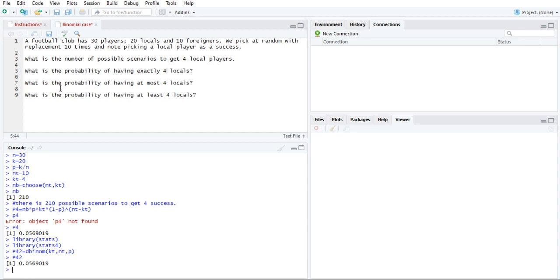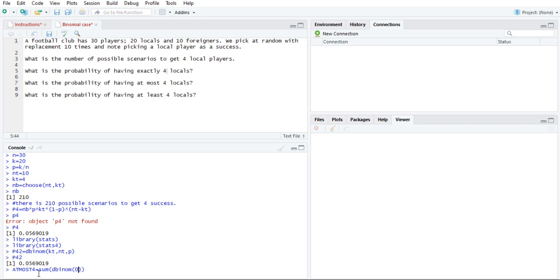So to calculate the probability of having at most 4 locals and at least 4 locals, we use, we call it atmost4 equals sum of the dbinom. The first argument is the range.